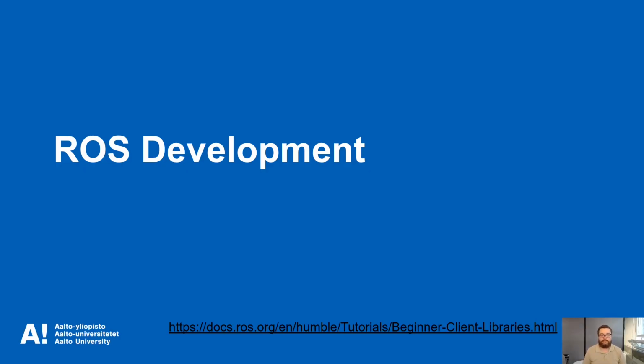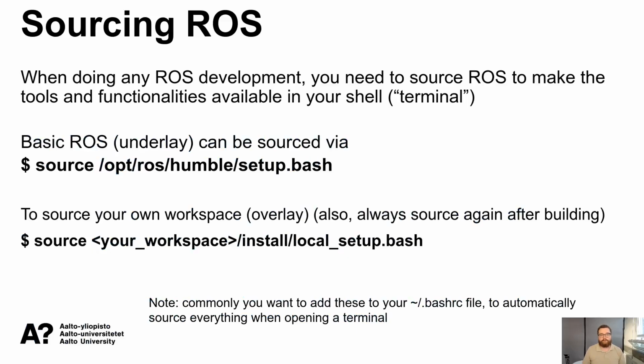Okay, let's continue with ROS development. So basically the basic steps that you need to do when you're doing any development using ROS. So the first thing to note is sourcing. This is something that is typically important for you to do whenever you're building your packages or launching anything ROS related.